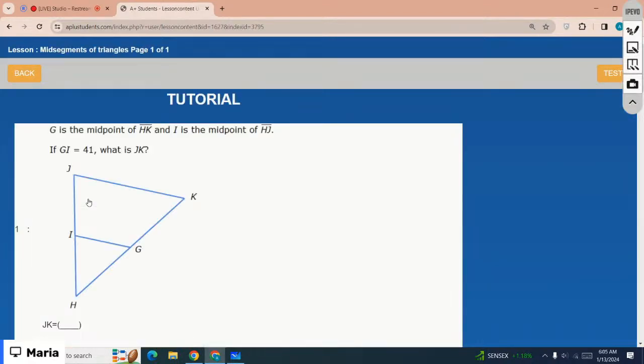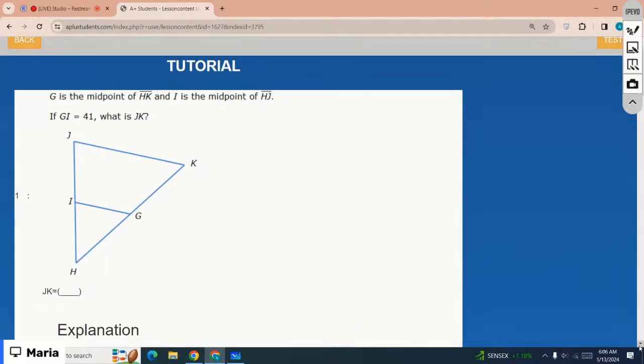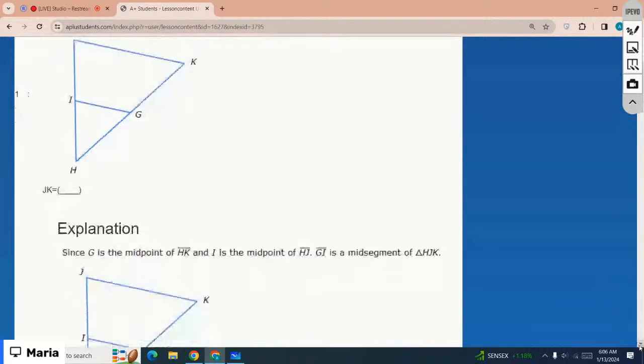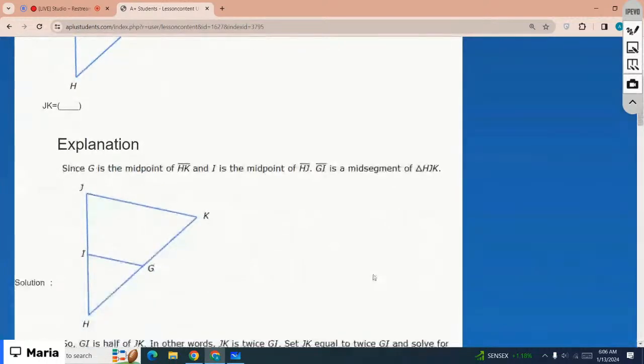Okay, G is the midpoint of HK and I is the midpoint of HJ. If GI is 41, what is JK? Since G is the midpoint of HK and I is the midpoint of HJ, that means GI is the mid segment of triangle HJK.